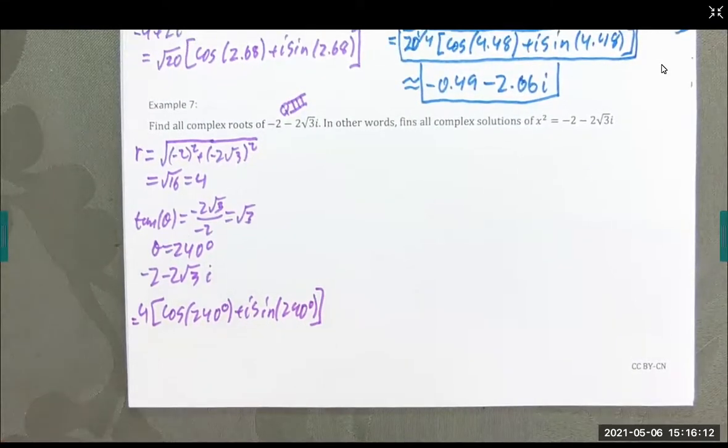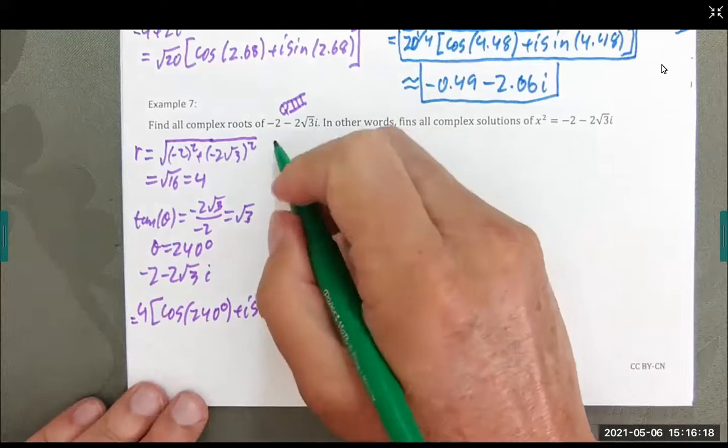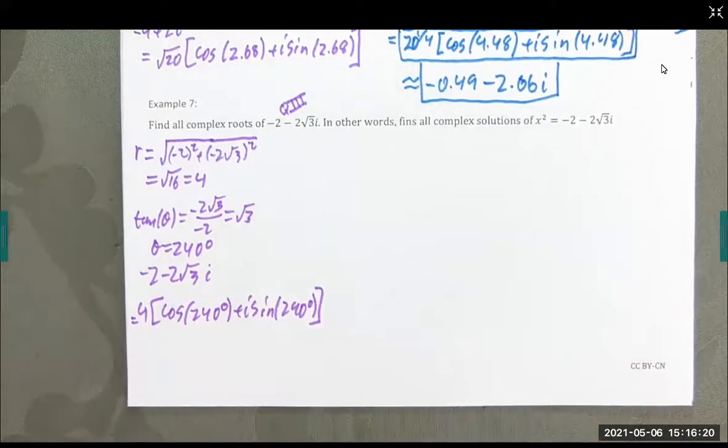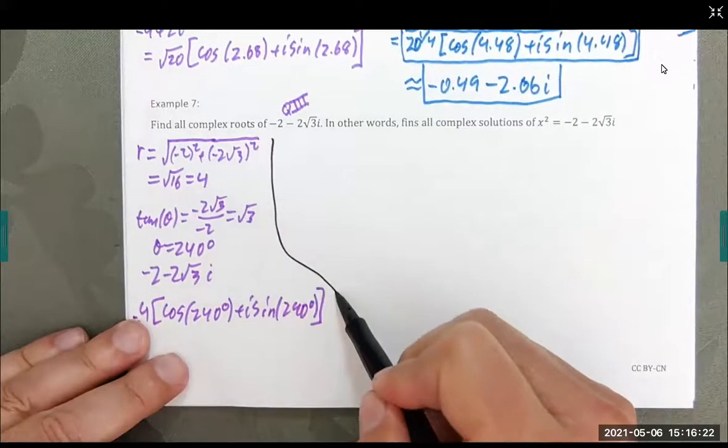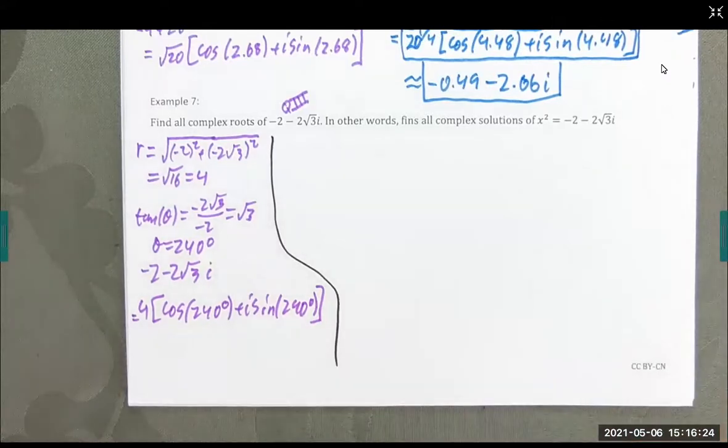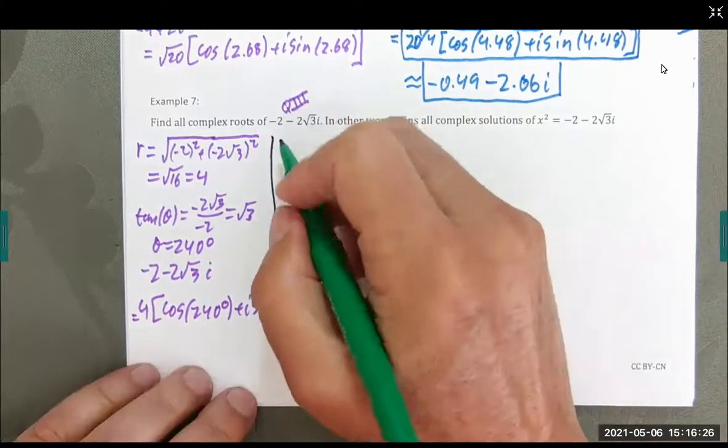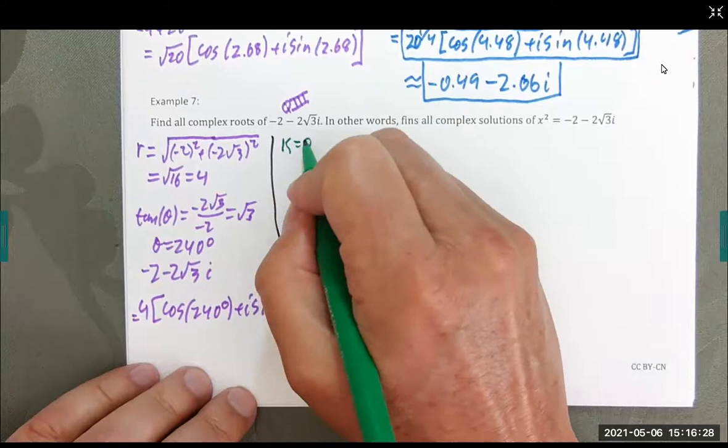All right, so once again, K is going to start out as K equals 0. So let's block this off a little. K equals 0.